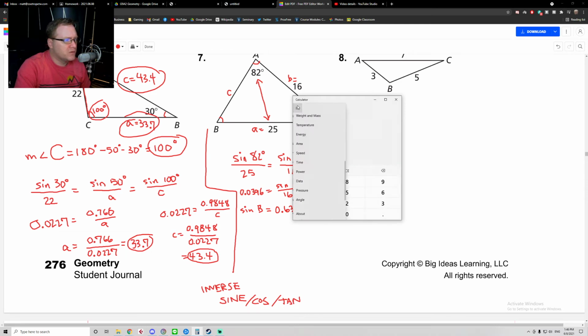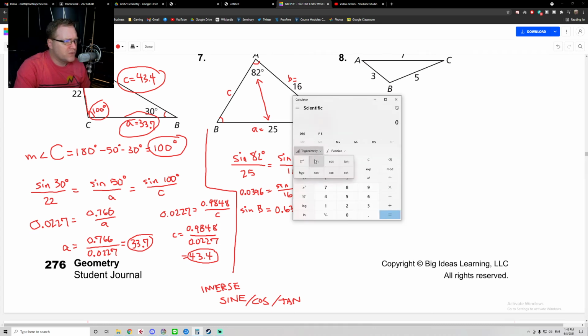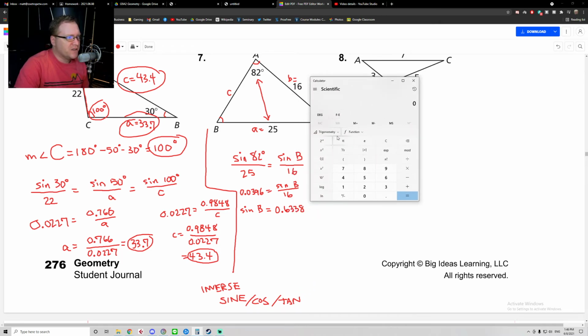No. Wait, where are my inverse functions? Come on. Hold on a second, I'm sorry. I'm recording this, and I didn't realize the inverse functions were hidden. Oh, there they are. You have to hit this little button here.